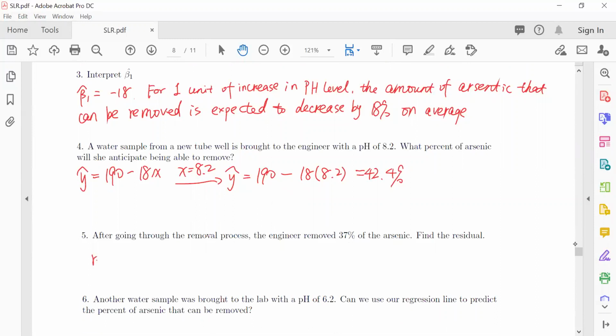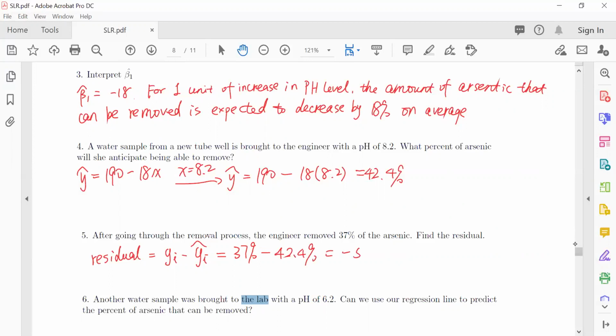Now the residue would be the actual value observed minus the fitted value, or the predicted value. So when x equals 8.2, the actual arsenic removed is 37% minus the predicted value that we just calculated in part 4.